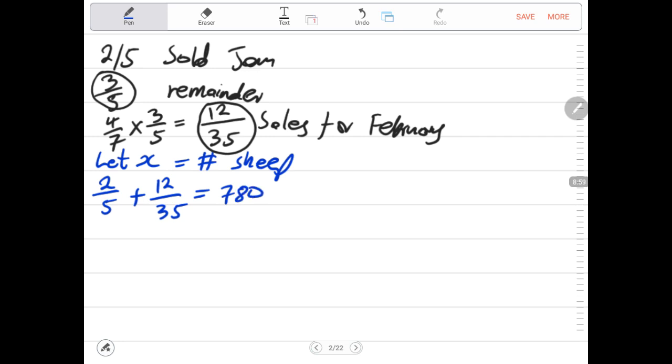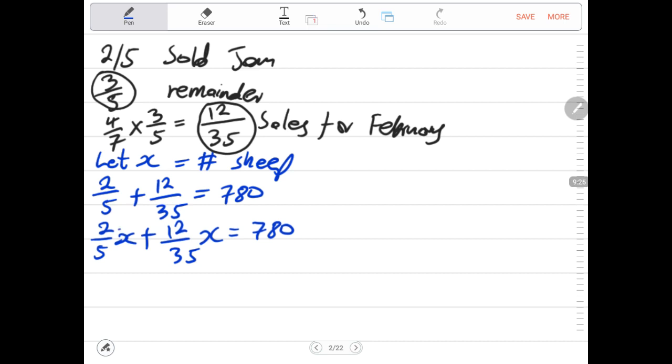This is the total sales for January and February. Therefore, we can say 2 over 5 x, x indicating the amount of sheep this farmer had, plus 12 over 35 x is equal to 780. You can put x in the beginning.